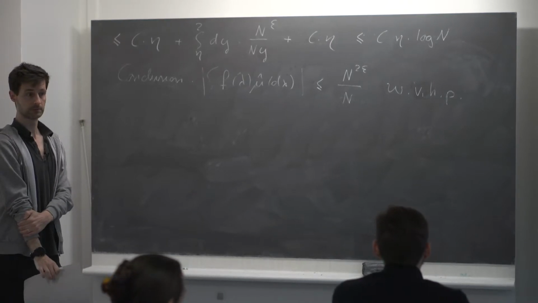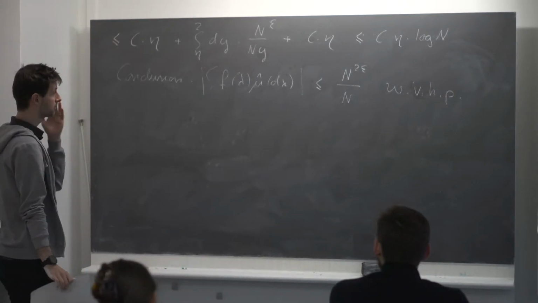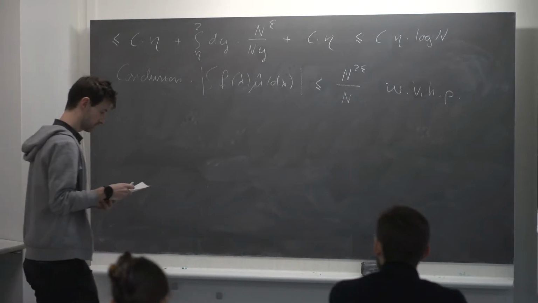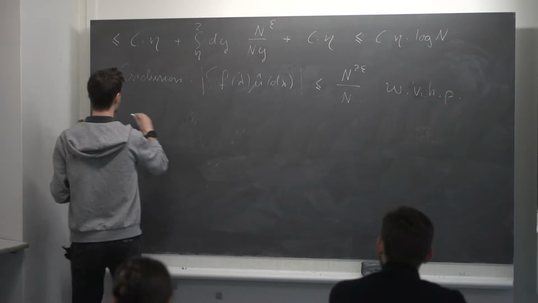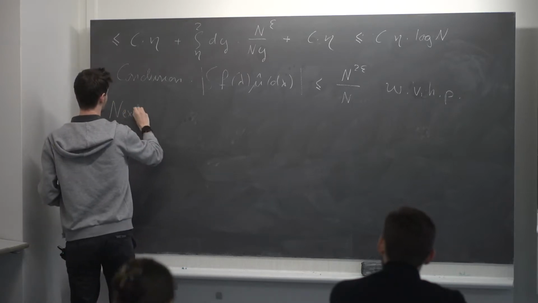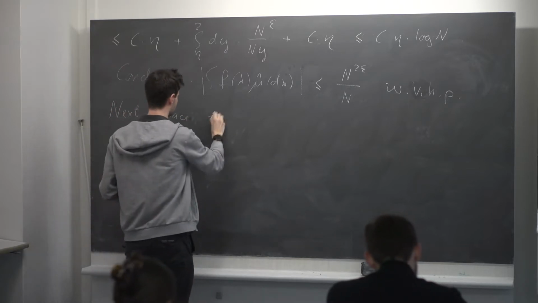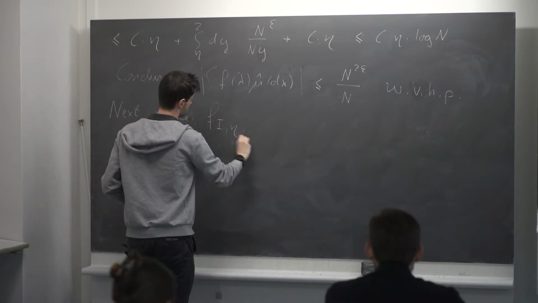Is this okay? So now we still have a tiny amount of work just to go back to the original indicator function. This is an easy monotonicity argument. So we replace, if you recall, this was my notation.